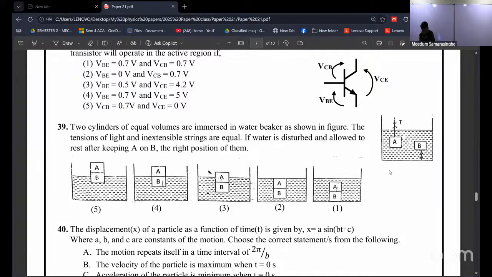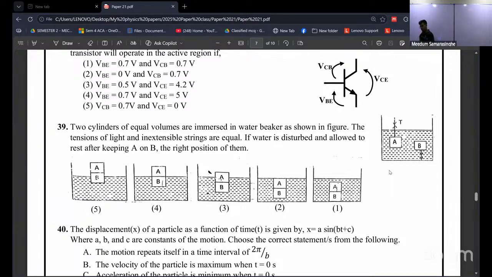Two cylinders of equal volumes are immersed in a water beaker as shown in the figure. The tensions of the light inextensible strings are equal. See, for cylinder A, the string is attached from the top, and for cylinder B, the string is attached from the bottom. So the tensions are equal, that is given.